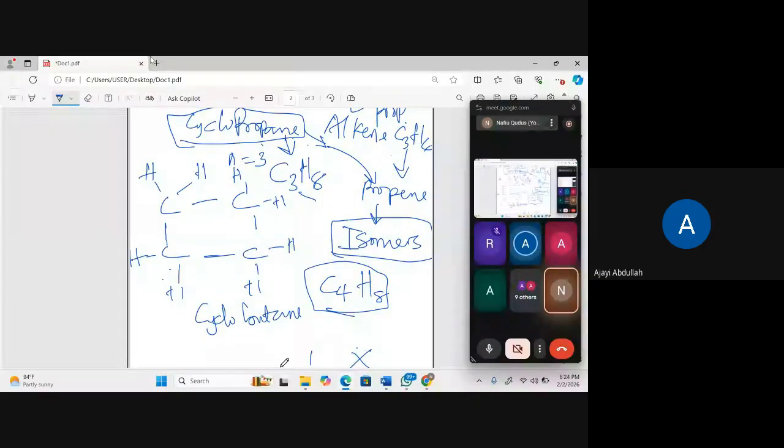Okay, what's the question, please? Under this alicyclic compound, we have cyclopropane, but can we also have cyclopropene? Yes, exactly. But we have 2 bonds, right?